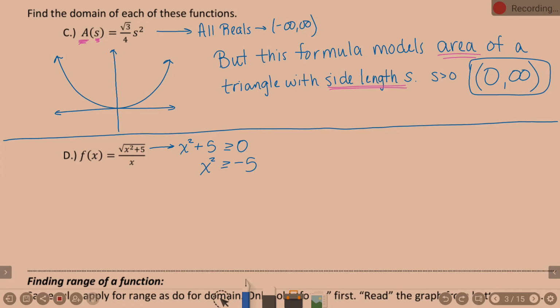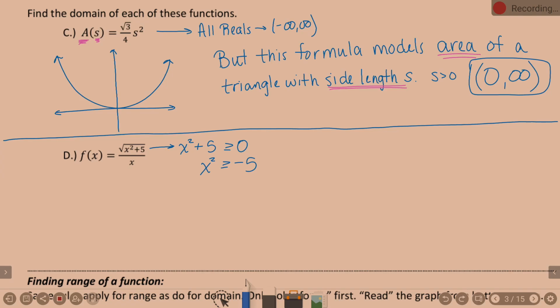It becomes a bigger positive, yes? So, can this specific expression ever be negative? I mean, I could put negative 100 in here, but negative 100 squared is going to become positive. Add 5, you're going to have a bigger positive number.